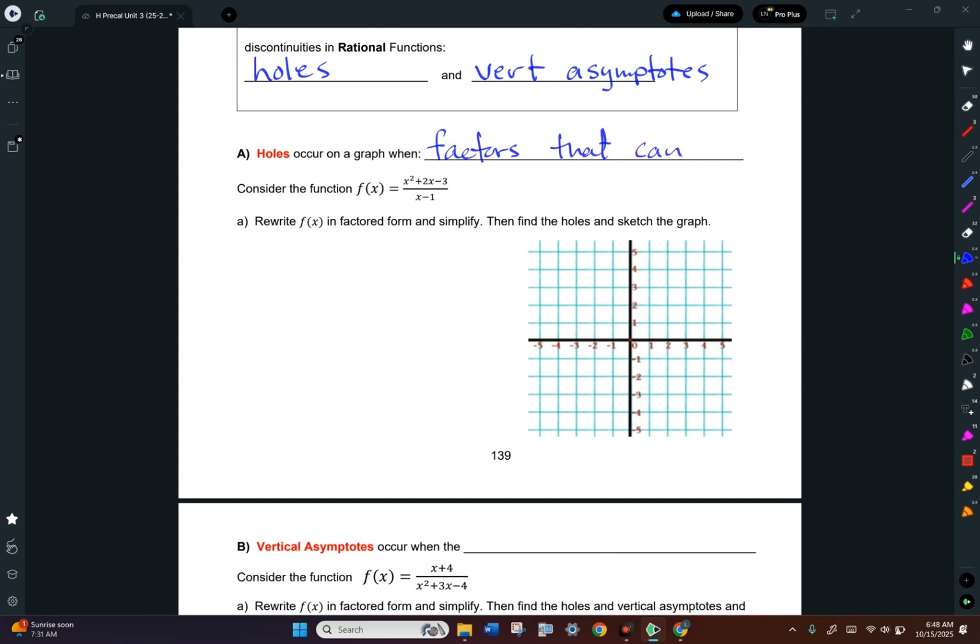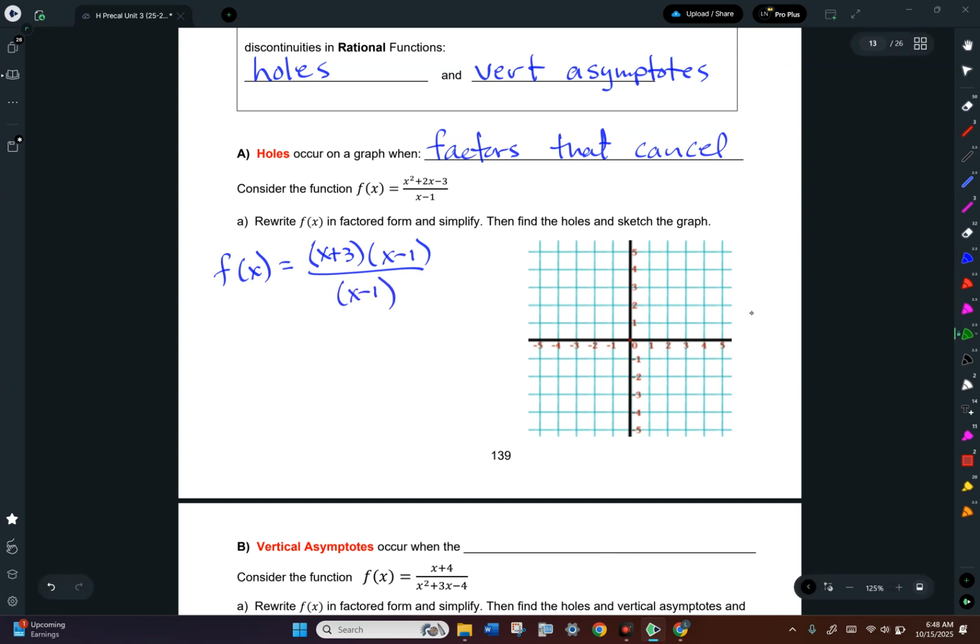In order to know if you have factors that cancel, you need to factor your equation. You need to put it in factored form. So I'm going to factor both the numerator and the denominator separately. In the numerator, I can write that as x plus 3, x minus 1. Denominator, I can't do anything, so I'll just leave it as x minus 1.